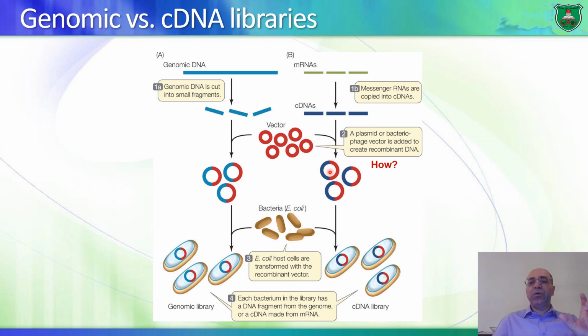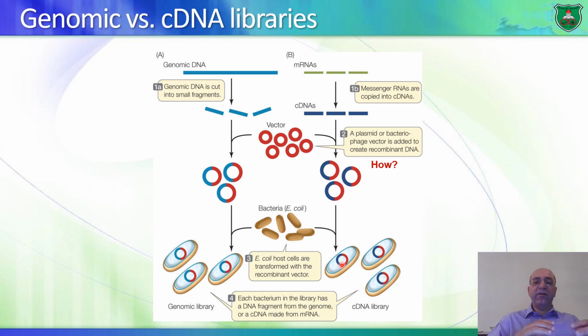Okay, and these exons can contain translated regions as well as untranslated regions, the 5' end of messenger RNA, the regions that are not translated, as well as the 3' untranslated region. So we insert these recombinant DNA molecules into bacterial cells.